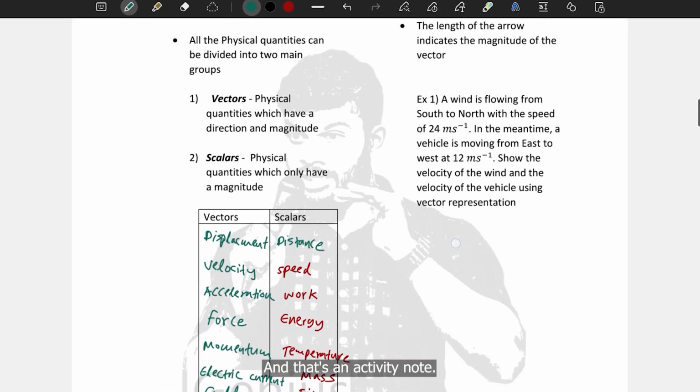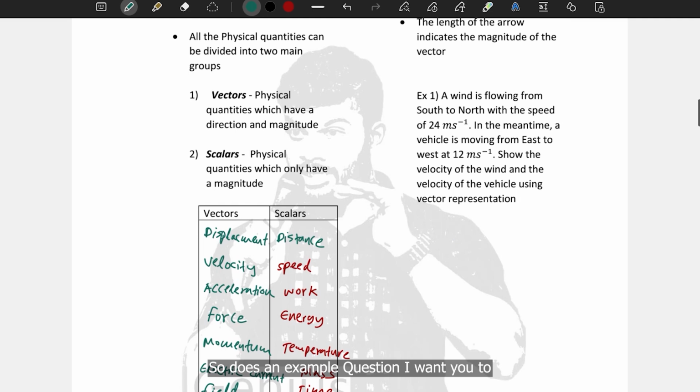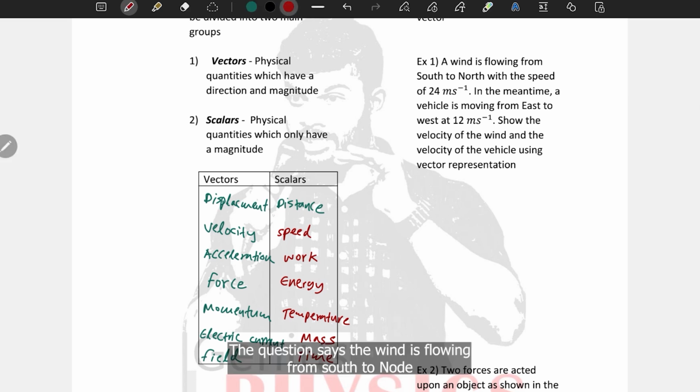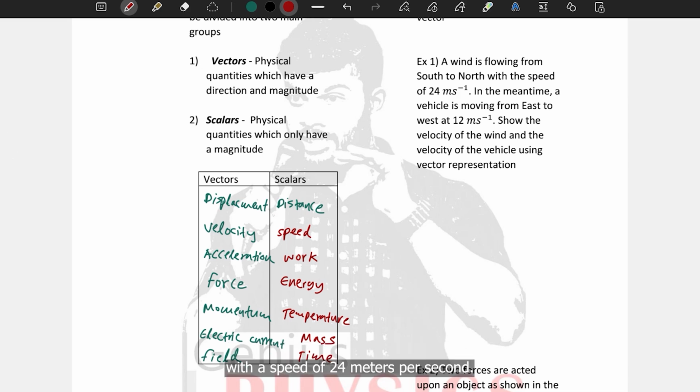Right, and there's an activity now. There's an example question I want you to give a try. You can pause the video and try to do this example, and then you can follow what I'm going to do now. The question says a wind is flowing from south to north with a speed of 24 meters per second.